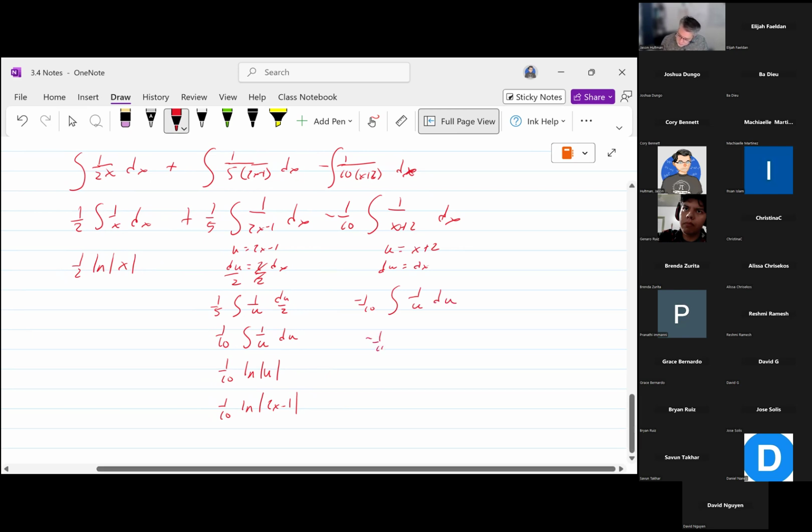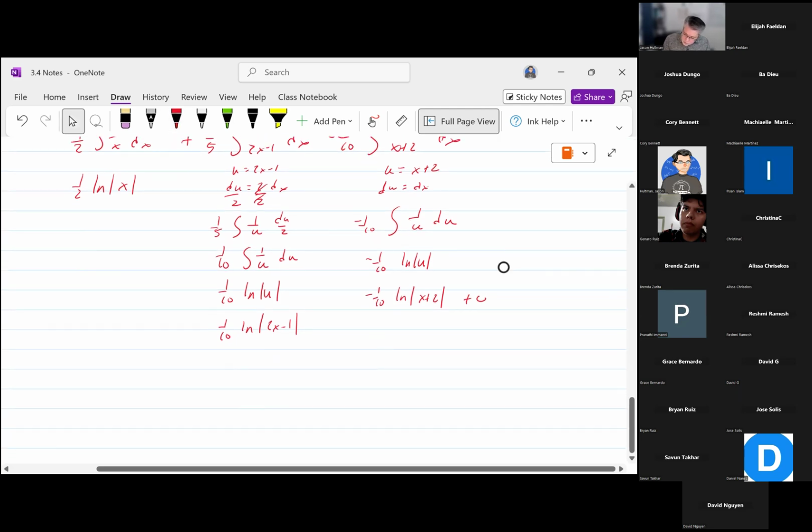So this is negative 1/10 times the integral, which is natural log of u. And so this is negative 1/10 times the natural log of x plus 2. And I'm going to put a plus c just so I don't forget.